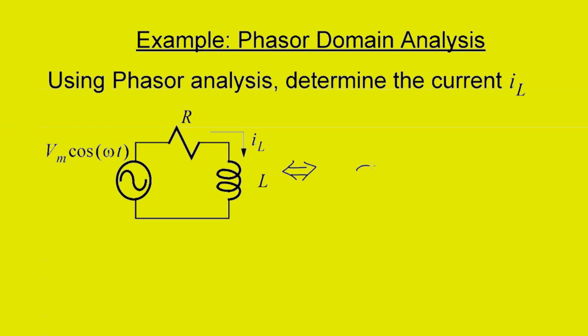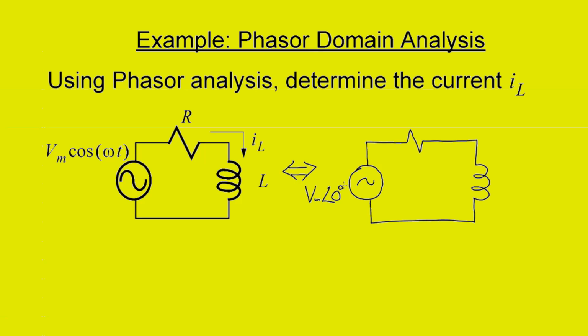In the phasor domain, we'll still have a sinusoidal source. The symbol for a resistor in the phasor domain is the same as the symbol for a regular resistor, and the symbol for an inductor is the same symbol that we had for the inductor before. Now our voltage source will be expressed as a magnitude Vm at an angle, where the angle is the phase of the original voltage source, or 0 degrees.